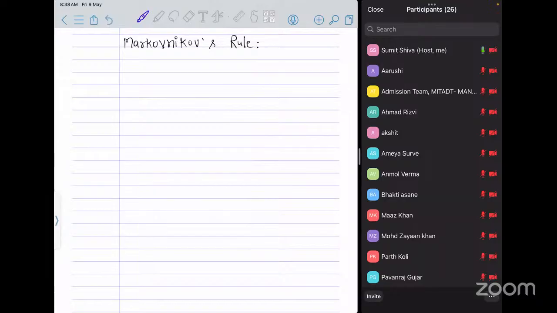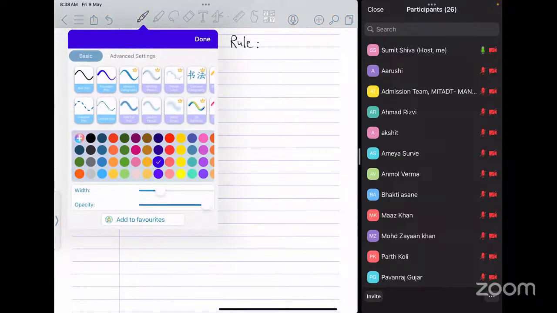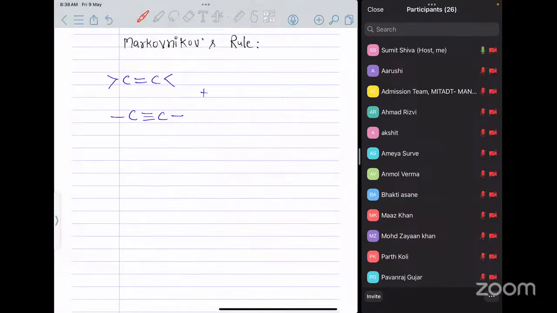Markovnikov rule explains the addition reaction on unsaturated hydrocarbons, whether it is carbon double bond carbon or carbon triple bond carbon, and these unsaturated hydrocarbons are treated with such type of reagents in which one part of the reagent is positive and another part is negative.